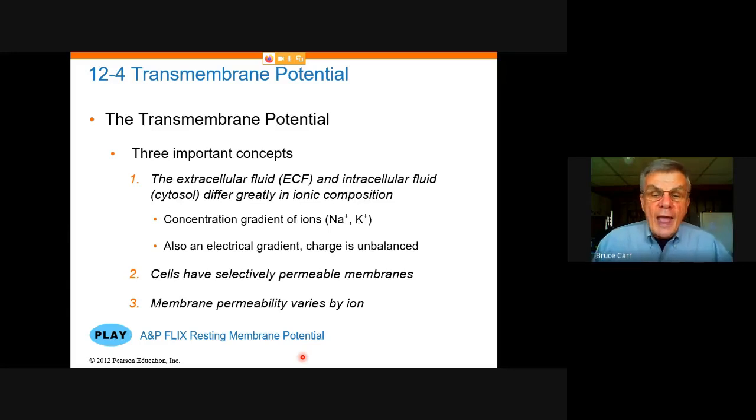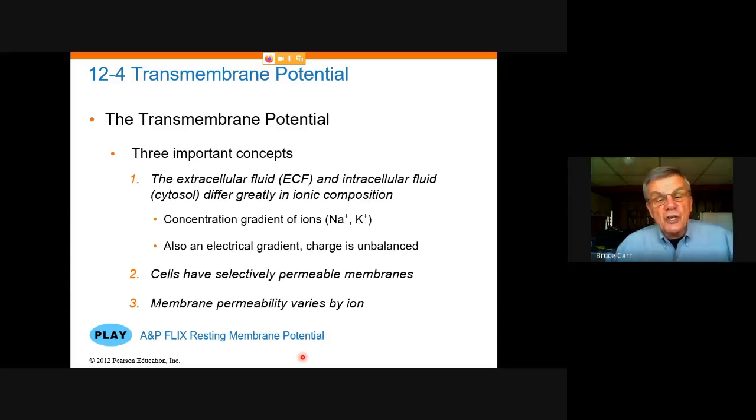Because they are at rest, they are transported by carriers across the membrane in differing amounts. It is not an equilibrium. We typically will find much more sodium outside the cell than inside. We will typically find much more potassium inside than outside, and that is because of these specific membrane carriers.